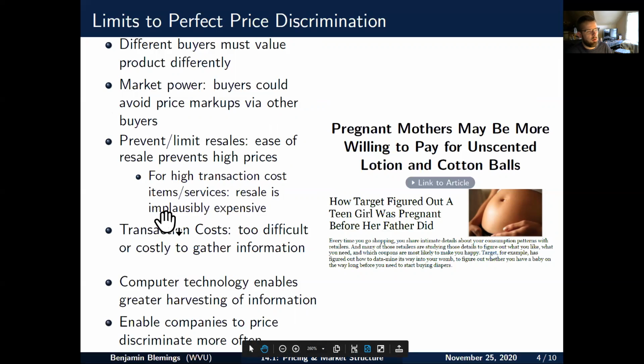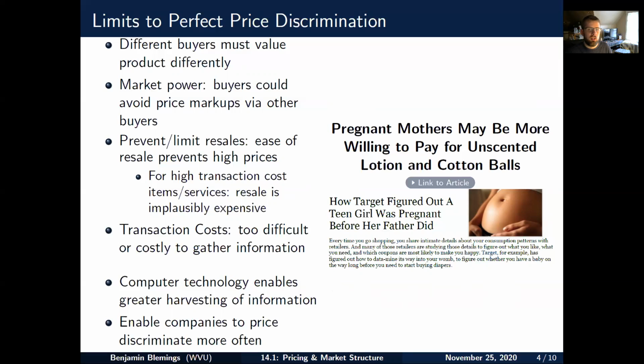And the big one I want to talk about, which I think is really interesting, is transaction costs, because it's too difficult or costly to gather information on all your buyers to perfectly price discriminate. This is what my example is over here. Target used their data and was able to predict, based on the bundle of products women were buying, whether or not they were pregnant.